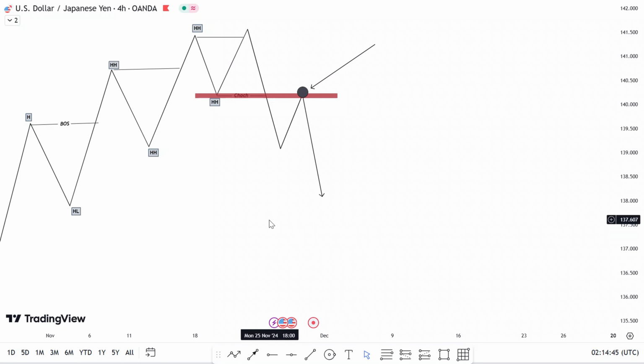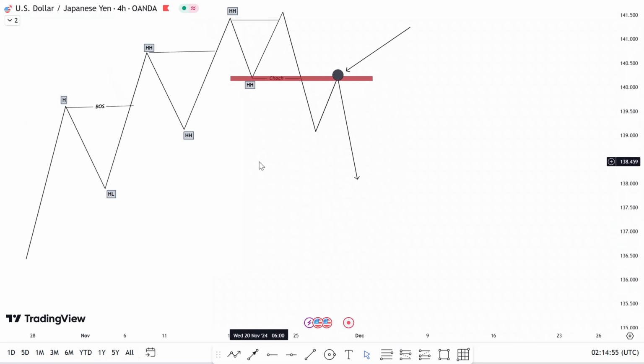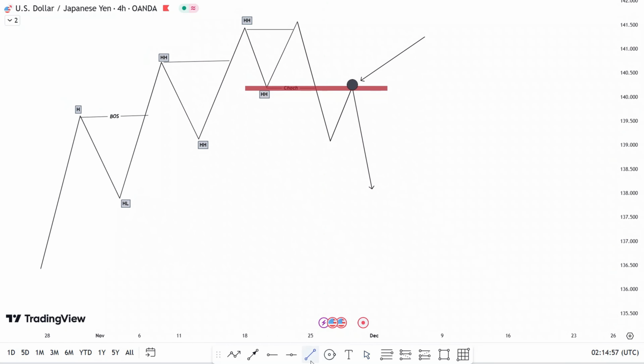Resistance is what keeps the market from pushing up at a certain period and time, and support is what keeps the market from dropping at a certain point in time.